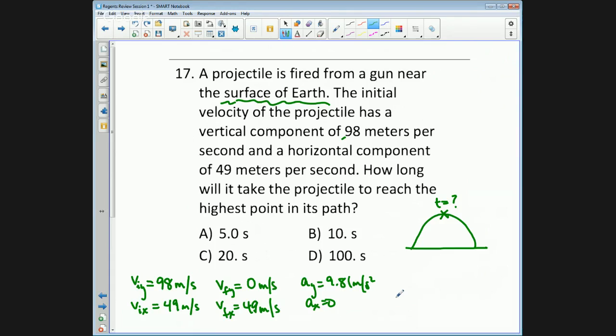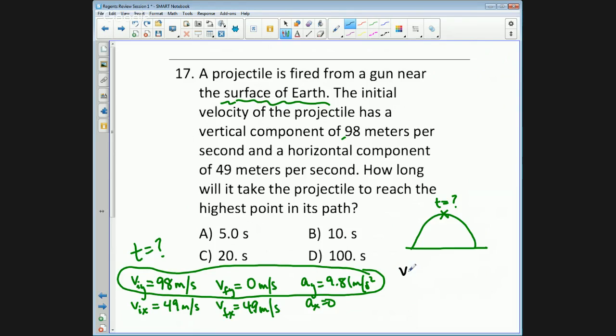Okay, so we're solving for time. Time is our unknown. So we're going to use these variables right here, v initial, v final, and a, to figure out our time. The formula we're going to use on the reference table is vf equals vi plus at, and we're going to plug that in.